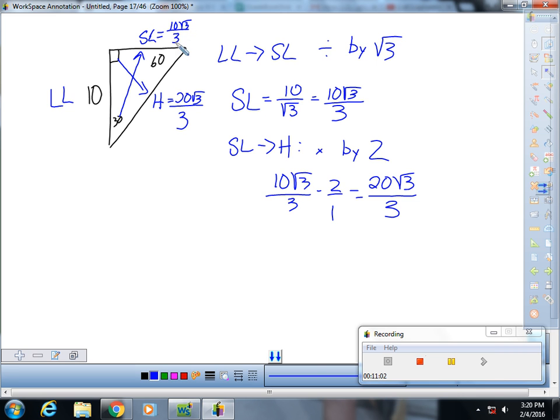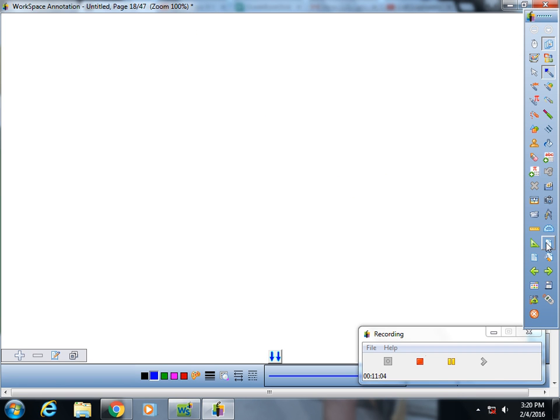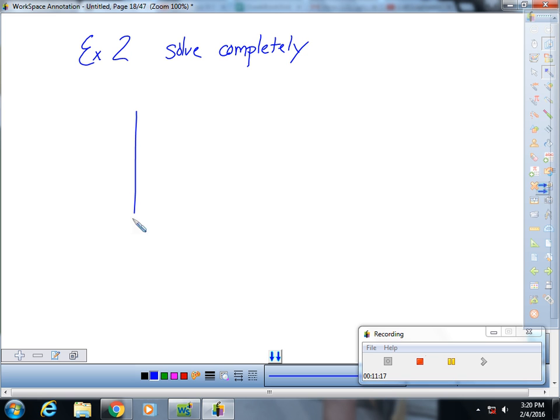Okay? So, let's do an example number 2. Solve completely. So we got a square, and we got this is 200.